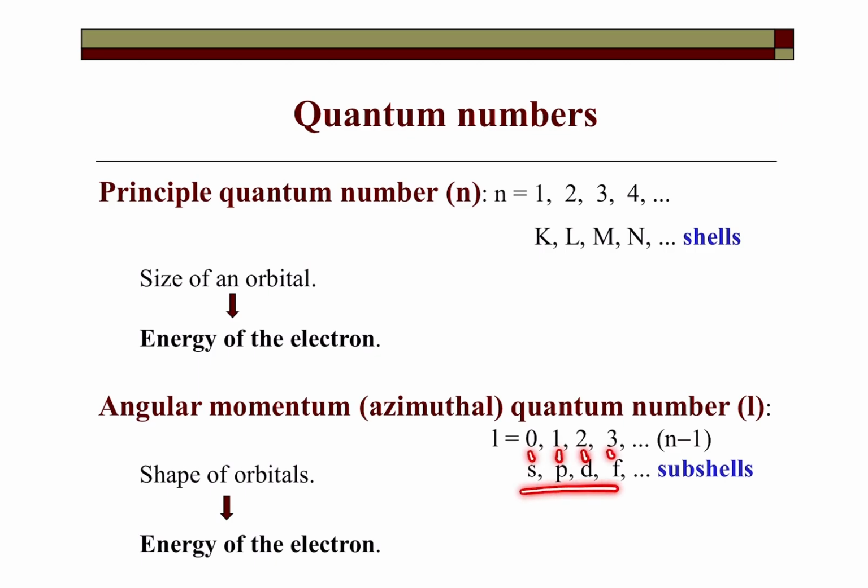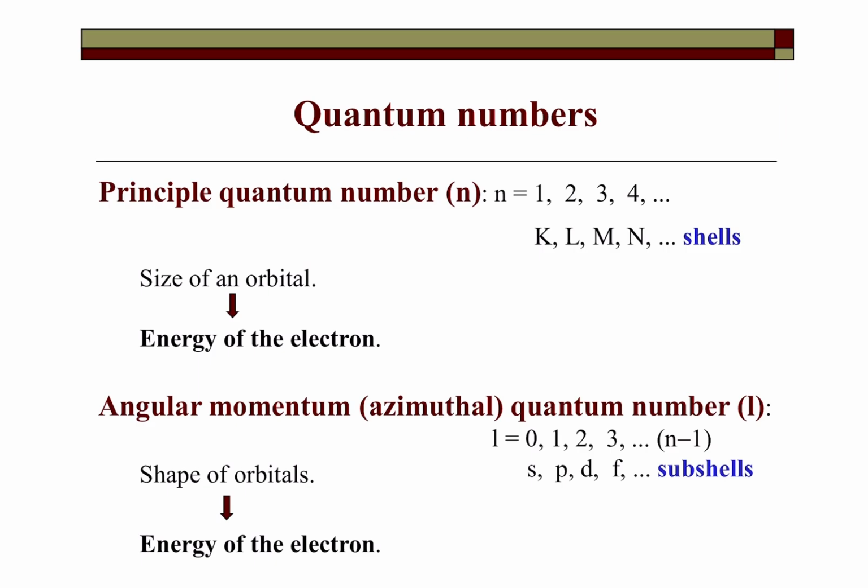They are orbitals, which we study: s orbital, p orbital, d and f orbital. It shows the shape of the orbital. For example, s is circular, and it also shows the energy of the electron. The shape of orbital and the energy are very important.